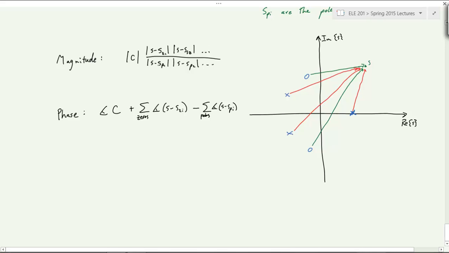So in other words, you just add all the phases for the numerator, subtract all the phases for the denominator. That's pretty simple, but how do we interpret that now on this plot of poles and zeros?